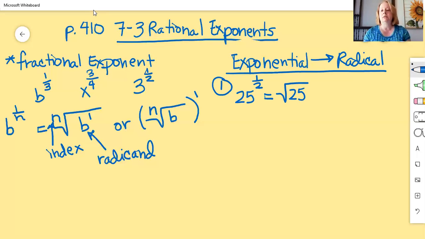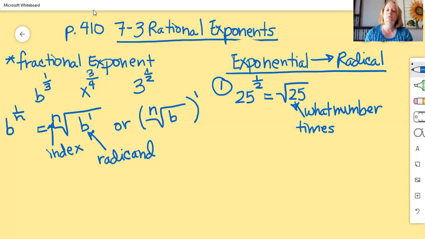Well, that means, okay, what number times itself gives us 25, a square number.